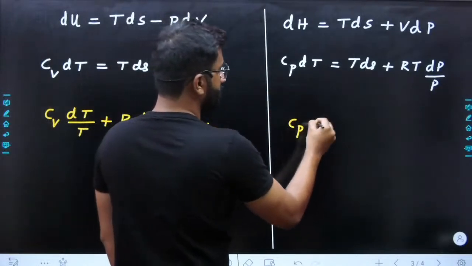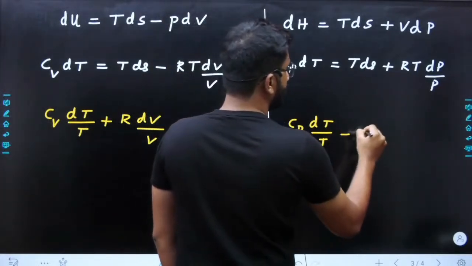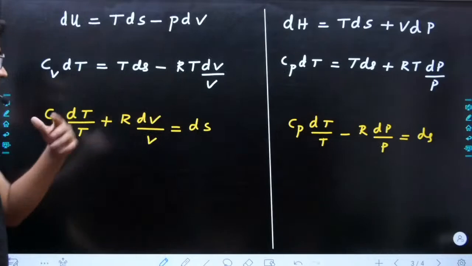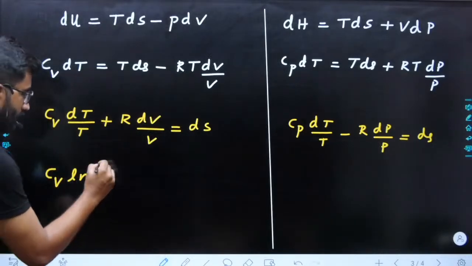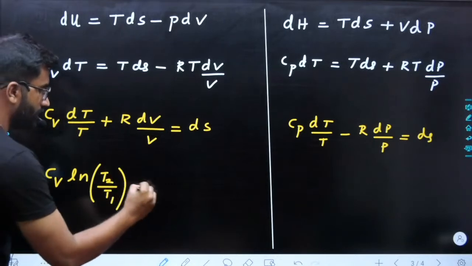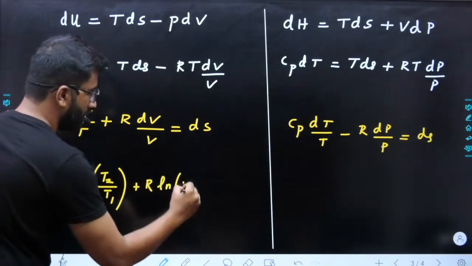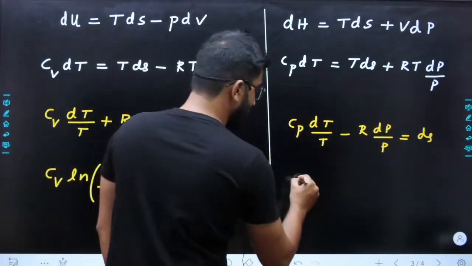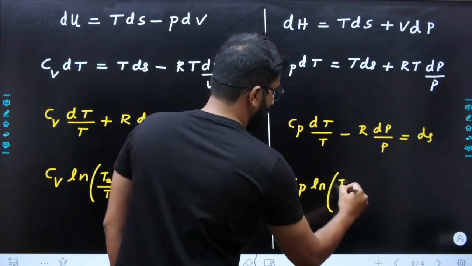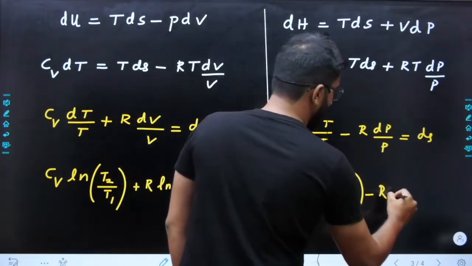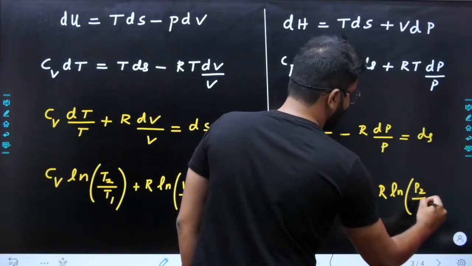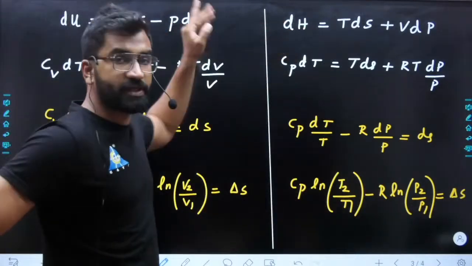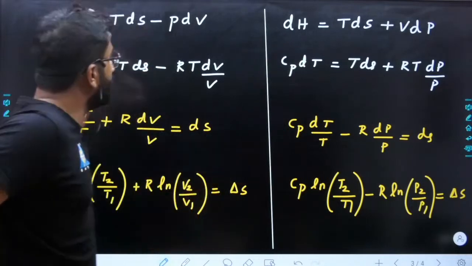Again T से divide कर लो, Cp into dT by T minus R into dP by P इक्वल टू dS. तो इसको इंटीग्रेट कर लो, आपको मिल जाएगा Cv ln T2 by T1 प्लस R ln V2 by V1 इक्वल टू डेल्टा S. सेम वे सेकेंड टाइम Cp इंटू ln T2 by T1 माइनस R इंटू ln P2 by P1 इक्वल टू डेल्टा S.